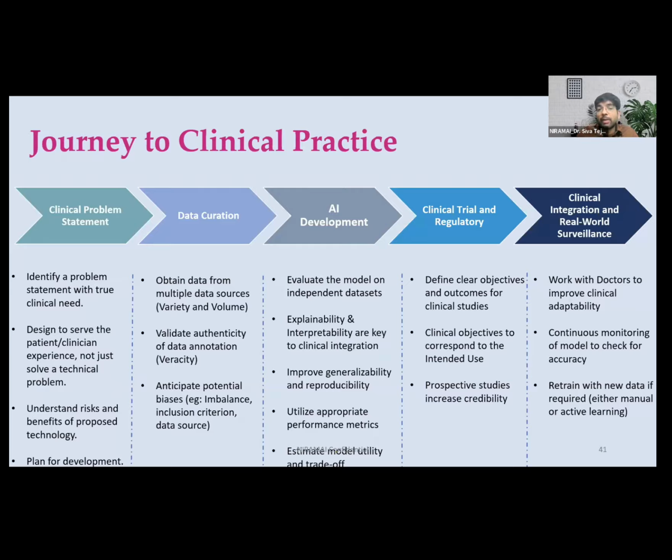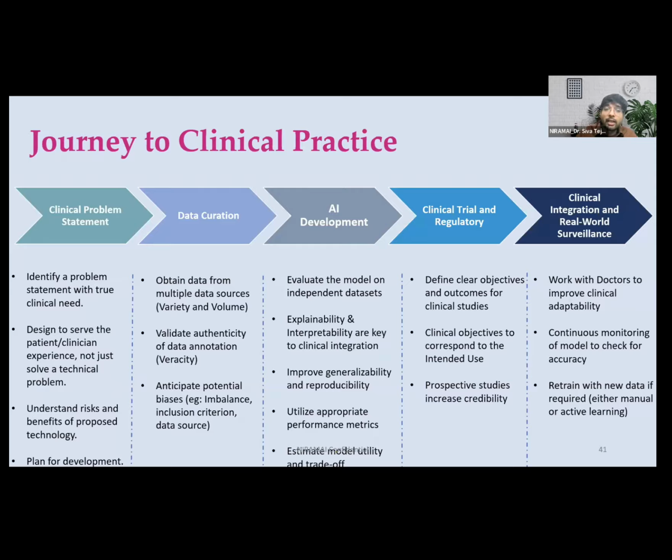Another aspect is the different biases that we might get. When we download the data, we also need to understand whether there are any inclusion criteria. For example, if you're downloading a data set collected in a symptomatic cohort, it's a cancer data set, but all of the population have some kind of symptoms.